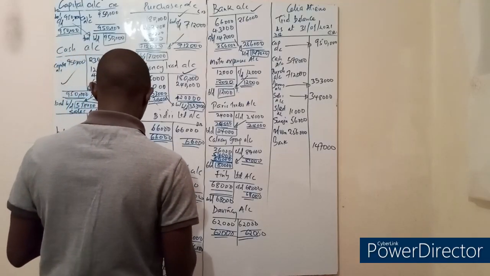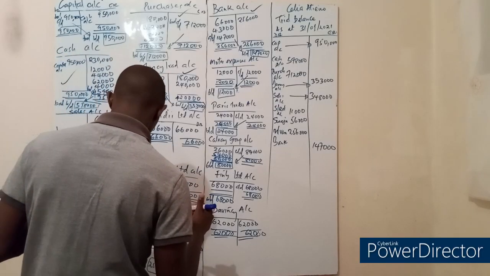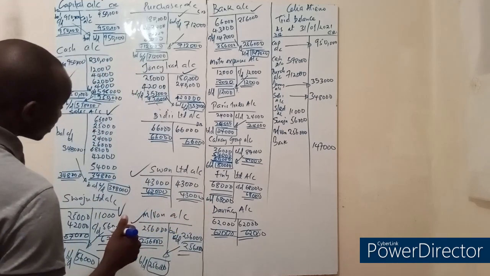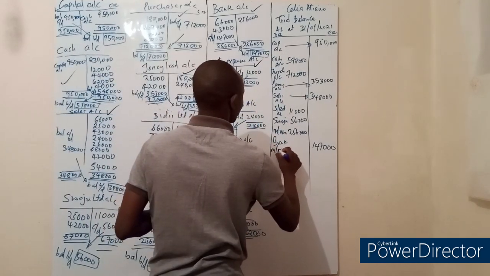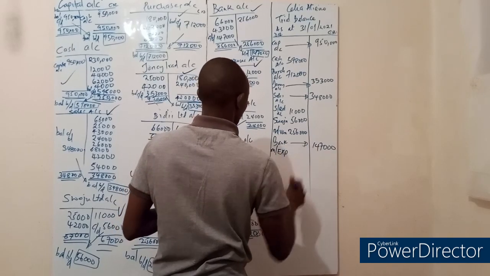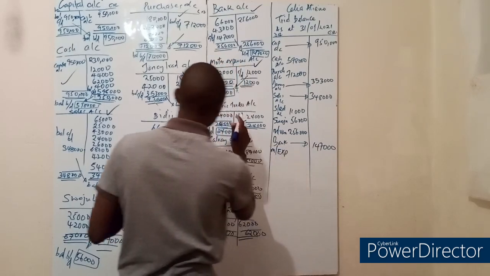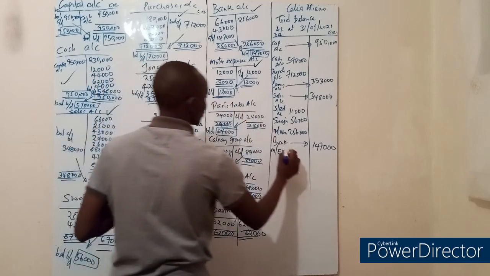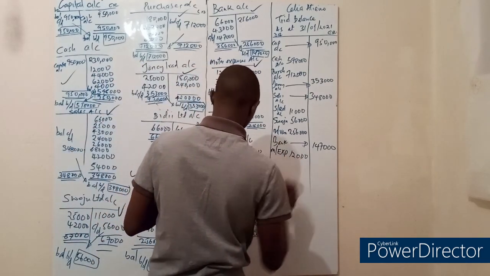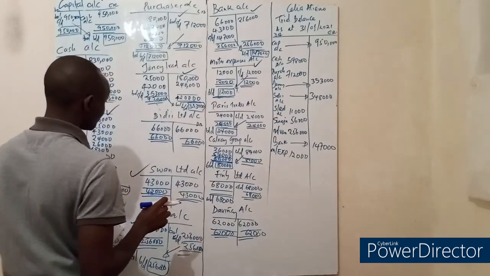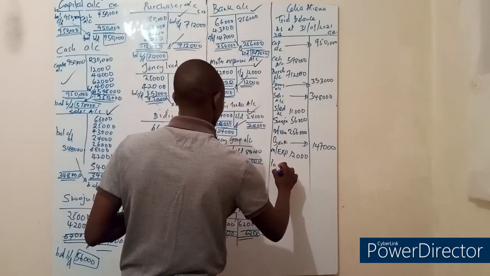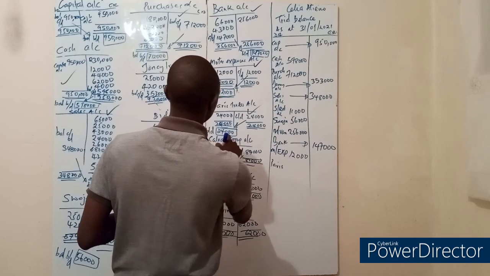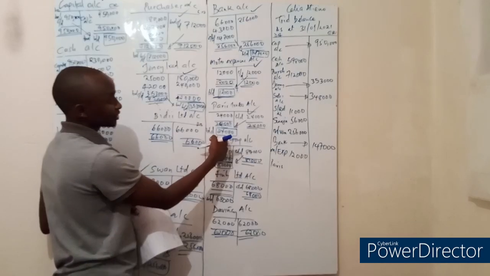So we move to next item, motor expenses. Motor expenses of how much? Debit of 12,000. Then you have who else? Paris Traders. Paris is debit of 24,000.